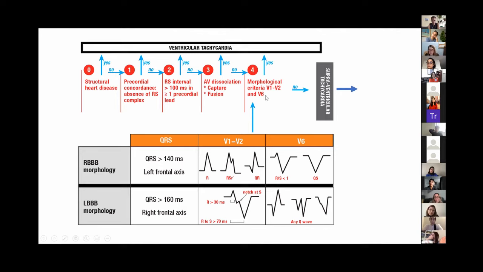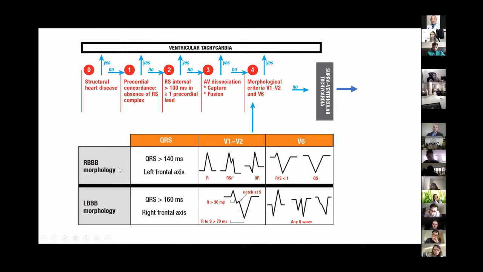Now that asterisk goes down to this big table here, this is your morphological criteria. This is the whole point of why I was telling you how a normal QRS looks like, in right bundle, and in left bundle.